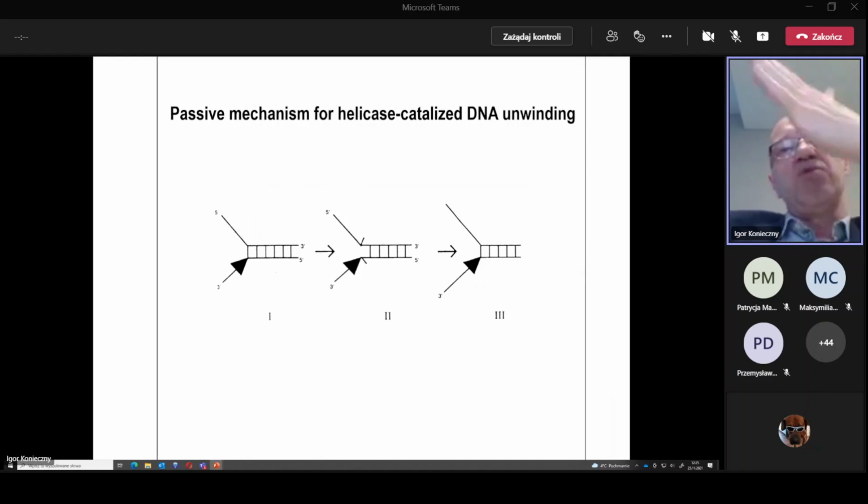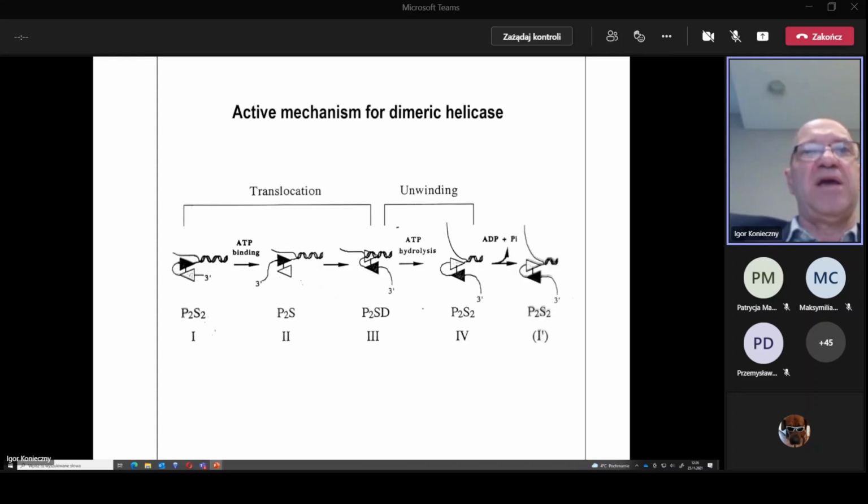So it would be like DNA is breathing, associating and dissociating the double-stranded structure. And at the moment of dissociation of the double helix, the helicase moves in and blocks the reassociation. And we know that this is not true, that the mechanism is an active mechanism.